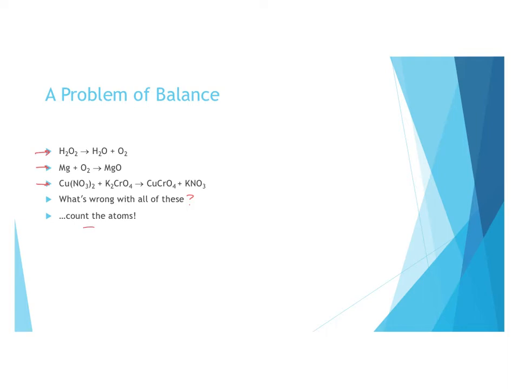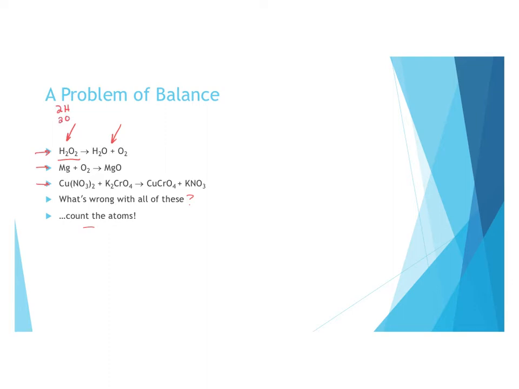Count the atoms. Okay, so let's look at the first equation up here, and let's look at the number of hydrogen and oxygen atoms we have before and the hydrogen and oxygen atoms we have after. So before, I have 2 hydrogen atoms and 2 oxygen atoms.